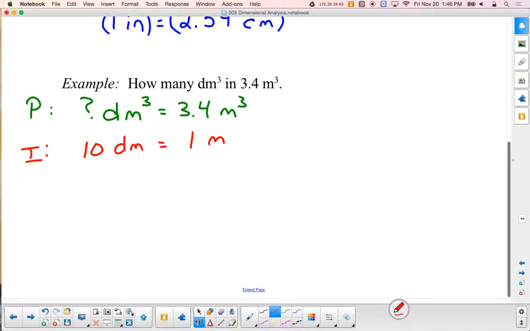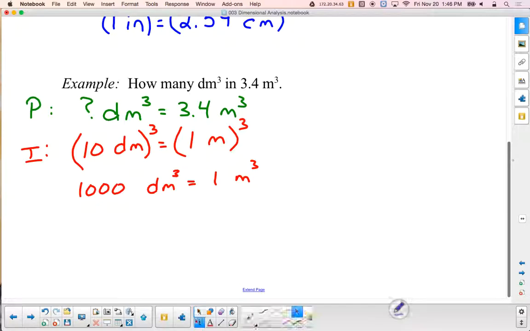And if we want to use this in a cubic sort of way, we have to take our conversion factor and cube every single part. 10 cubed is 1,000 decimeters cubed. 1 cubed is 1 meters cubed.